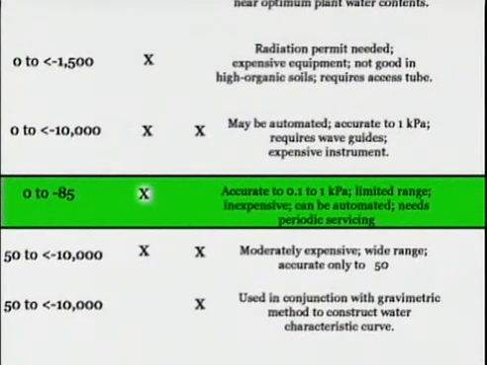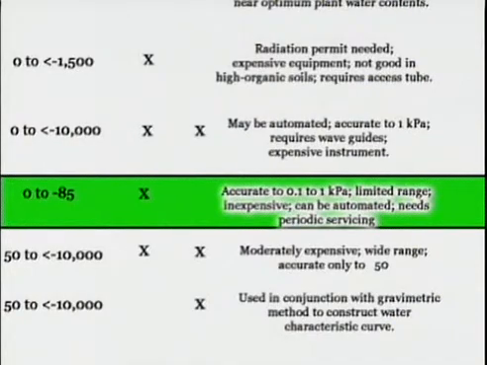The disadvantage of tensiometers is that they need to be placed in the soil and left there for a period of time, and then read periodically to determine soil moisture content. And as it indicates here, they do need periodic servicing. They are relatively inexpensive compared to neutron probes or TDR type of equipment.